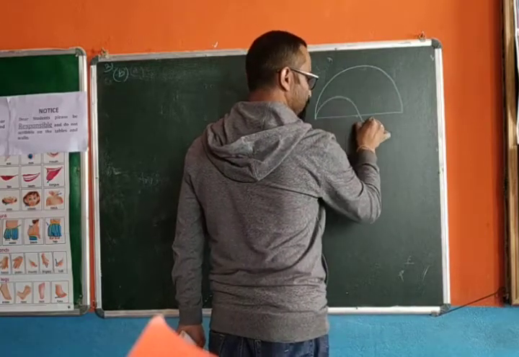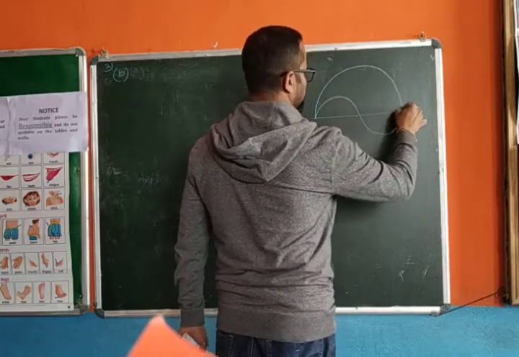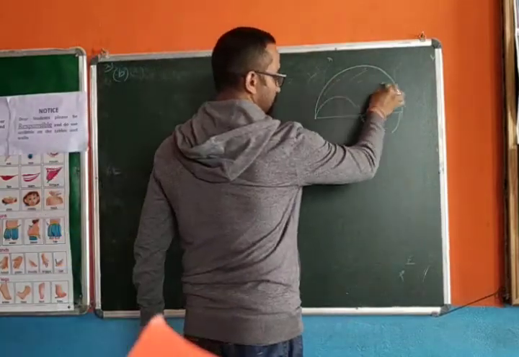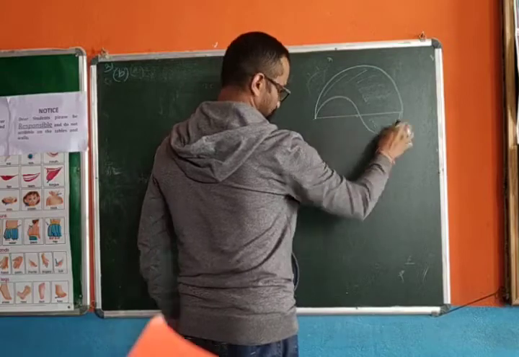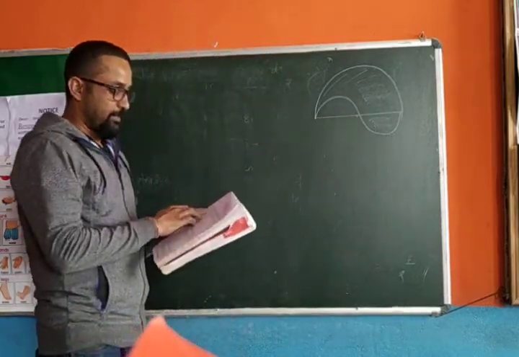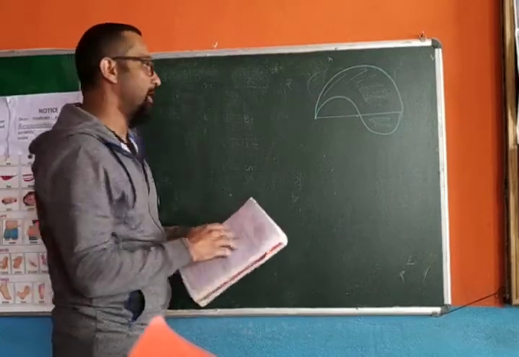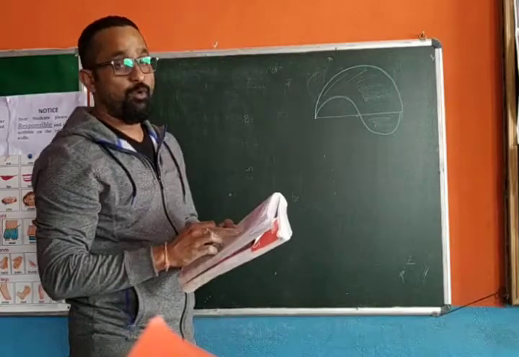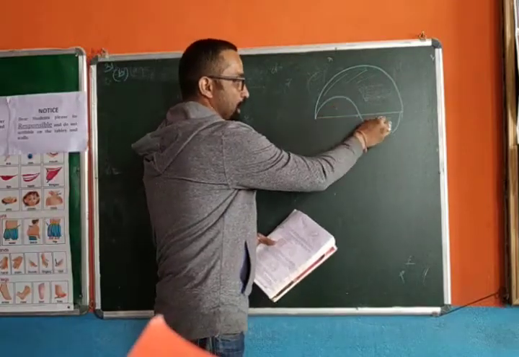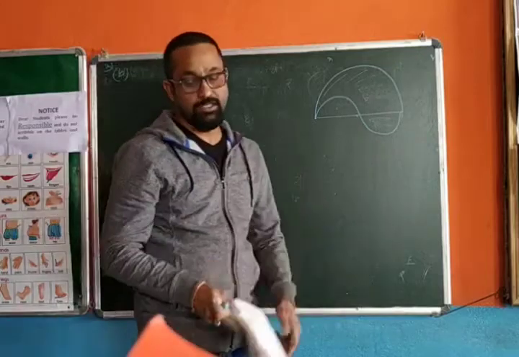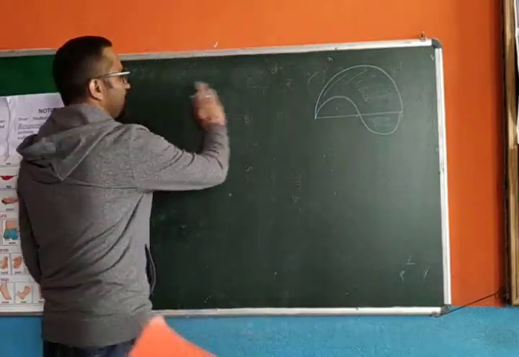There are two small semicircles like this, and this portion is shaded. Question says that three semicircular arcs, big one, two small ones. Smaller ones are equal, these two are equal. If the diameter of larger one is 10, so separate the diagram.